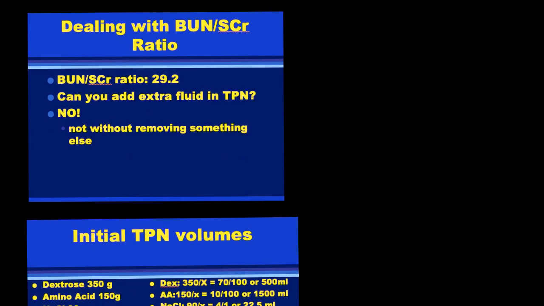So, how do you deal with the elevated BUN serum creatinine ratio, which is 29.2? Can you add extra fluid in the TPN? No, you have to remove something else. If you give them extra fluid, that's actually pretty expensive, and you'll have to play around with the electrolytes a lot more.